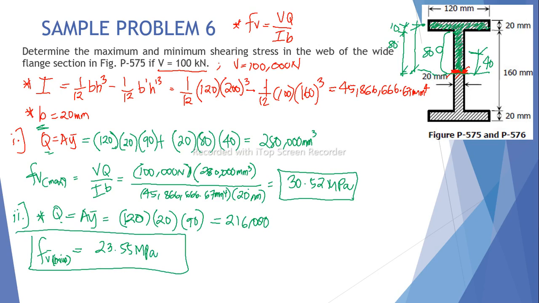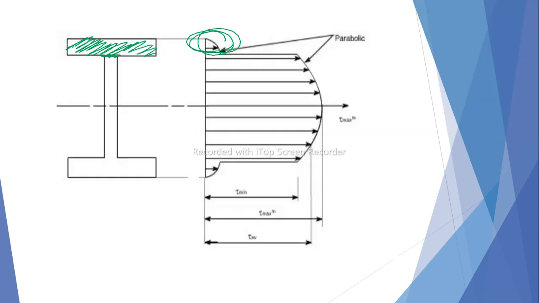So first, we determine the given values and then solve for the missing values, one by one. We have the moment of inertia with respect to its neutral axis, I. What we did was take the big rectangle minus the small rectangle, since it is symmetrical. Then the maximum Q for the I-beam is the whole area above the neutral axis, which is our area for the maximum shearing stress.